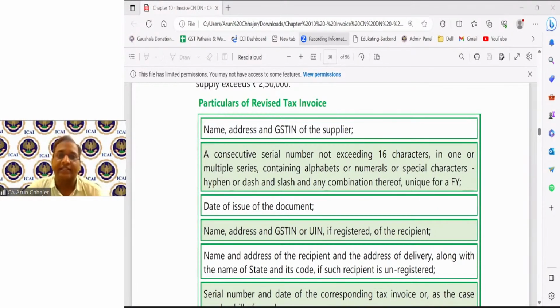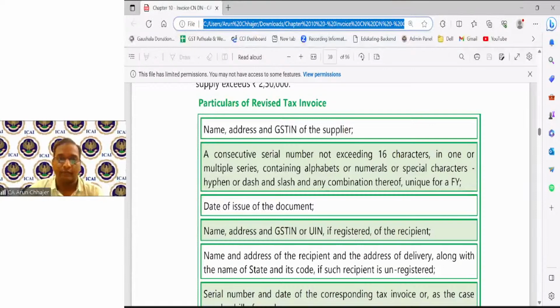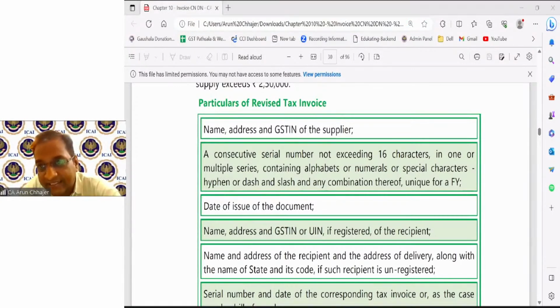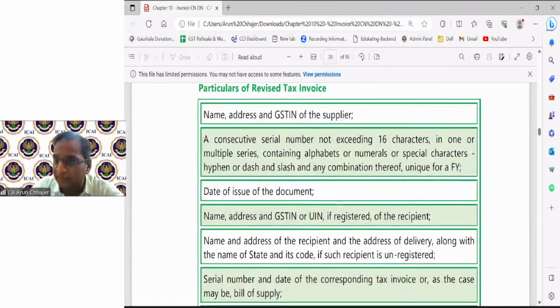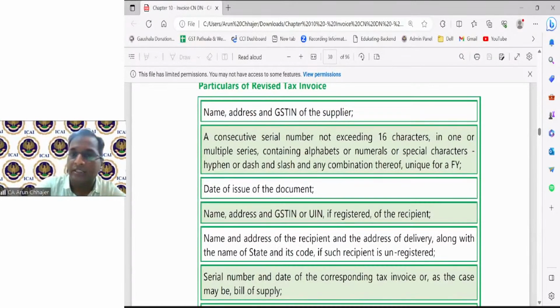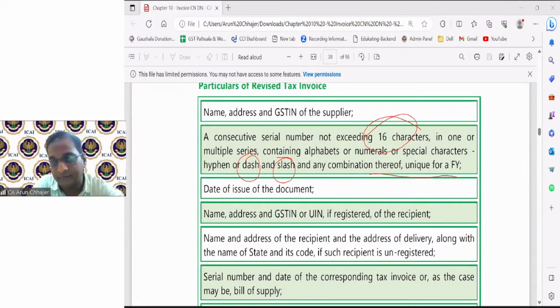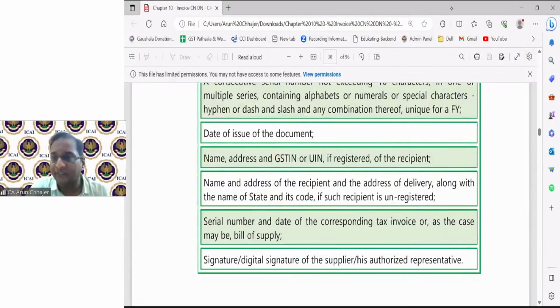Okay. Now let's read the content. What is the content? Exactly the same as what we have discussed for the invoice. Name, address, GST number of the supplier. Consecutive serial number not exceeding 16 characters, unique for a financial year, and 2 special characters are allowed, dash and slash. Next, date of issue of the document. Name, address and GST number and UIN if registered, of the recipient.